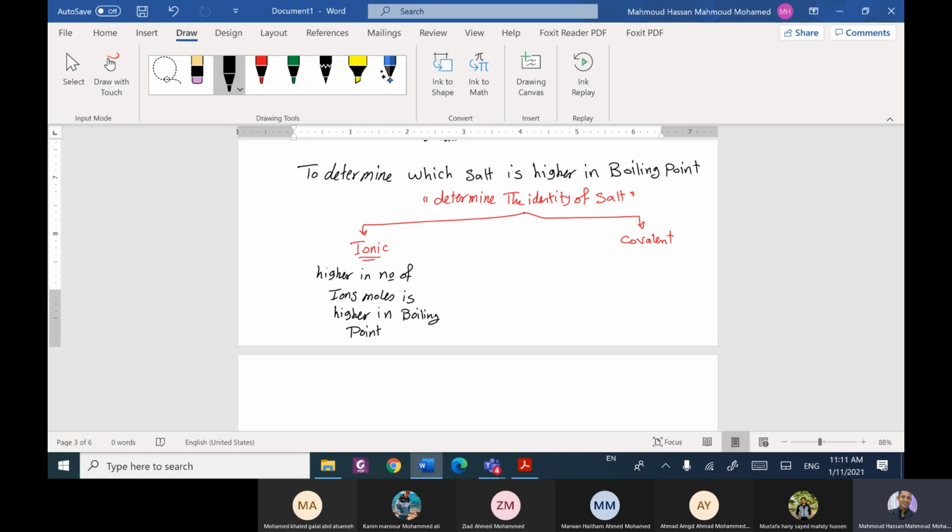While in the covalent, the higher in molar mass is higher in boiling point.